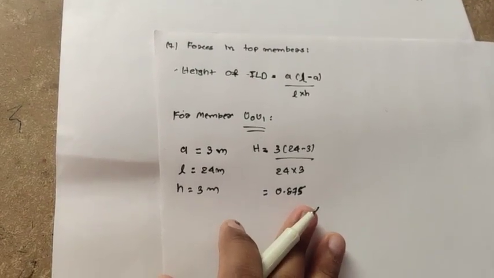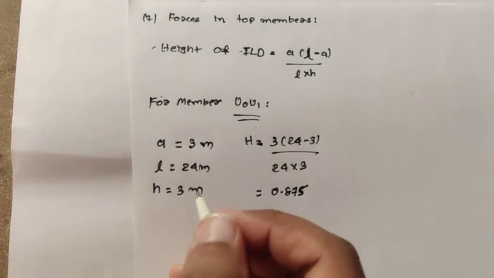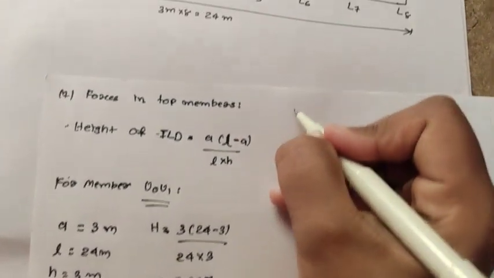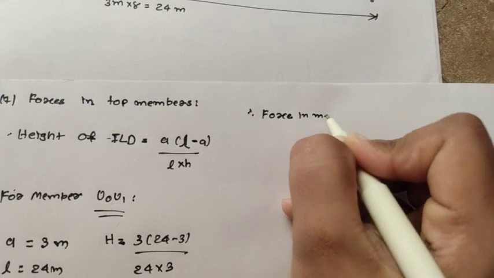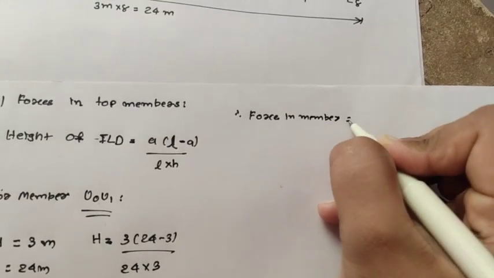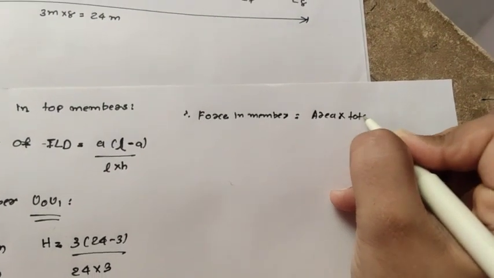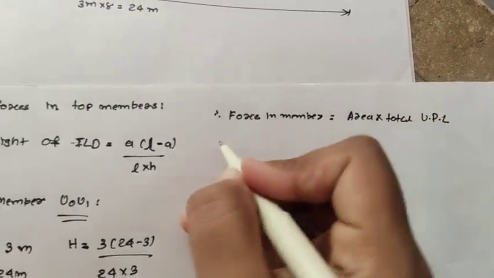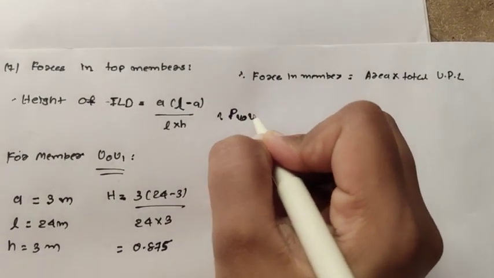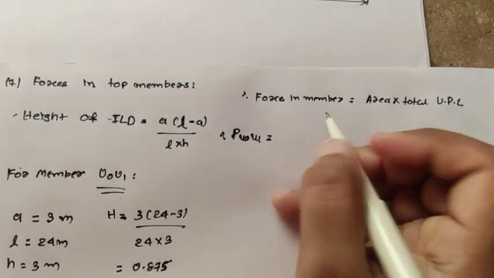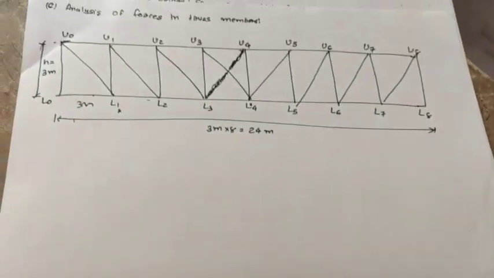Now the next step is finding out the force in the members. Write down here, the force in member equation: force is equal to area multiplied by total UDL. So the force at U0 U1 is equal to, now what is the area? First we draw the height of the influence line diagram.